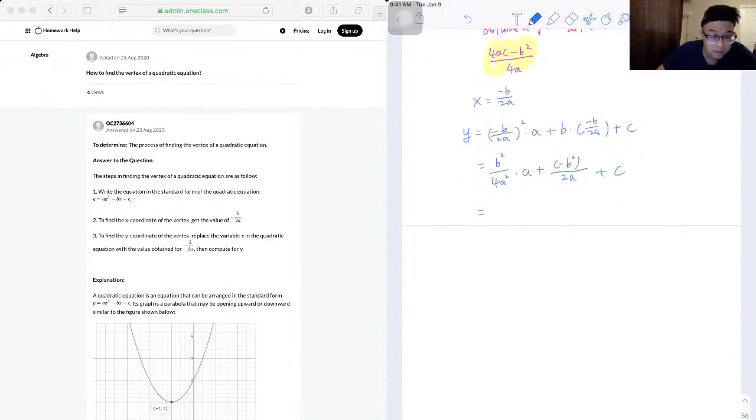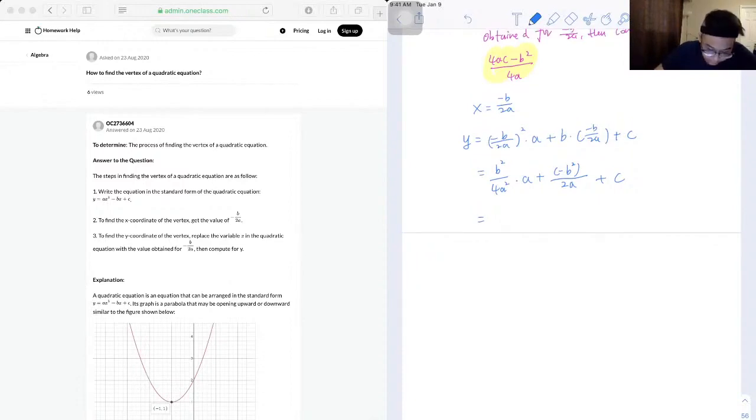So we got a on the numerator and a squared on the denominator, so we can get rid of one a, which will give us b squared over 4a minus b squared over 2a plus c.